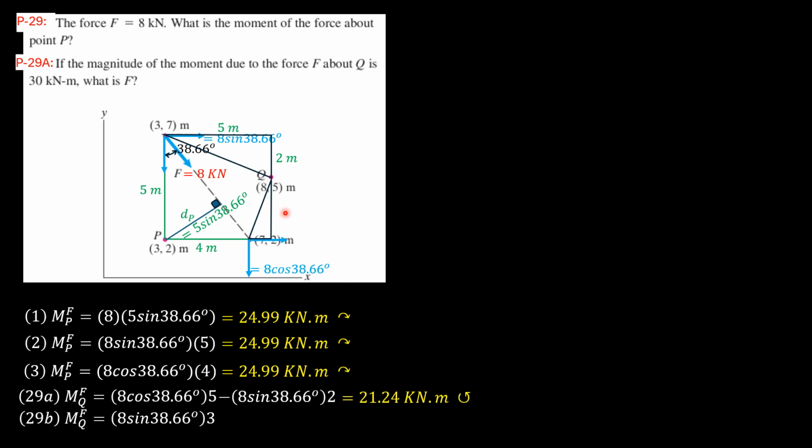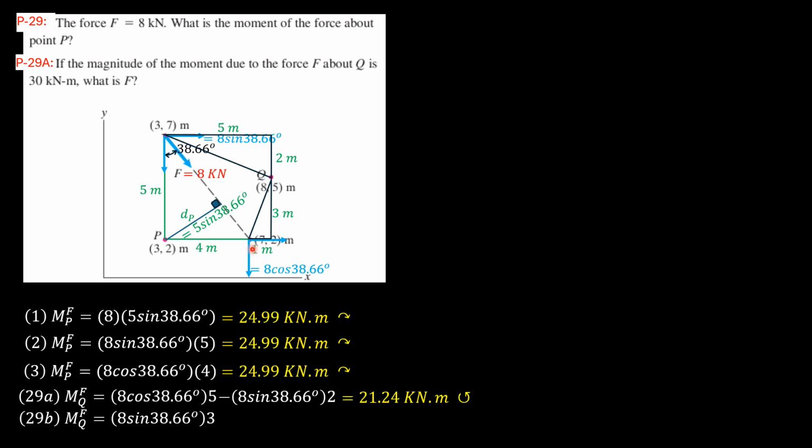So that is 3 meters and that is 1 meter. So that's why the moment is 8 sine 38.66 degrees, which is for this horizontal component, 8 sine of 38.66.